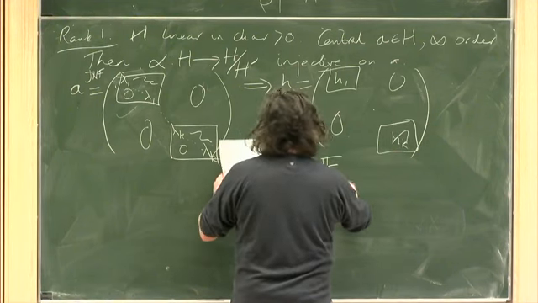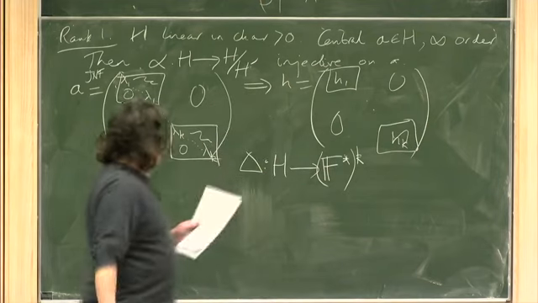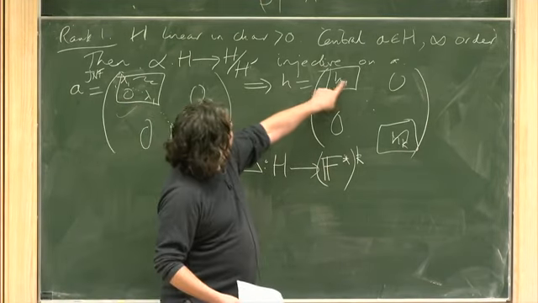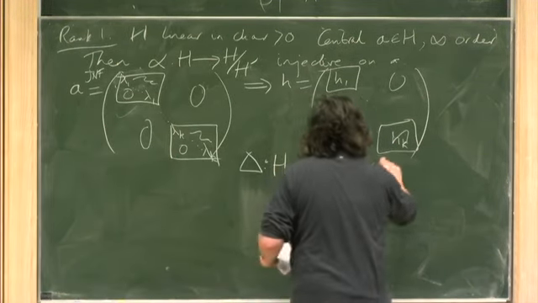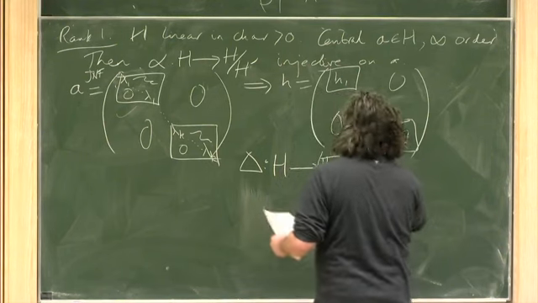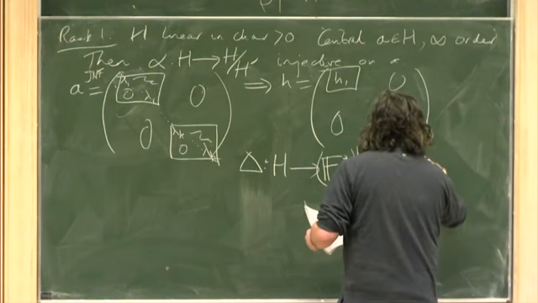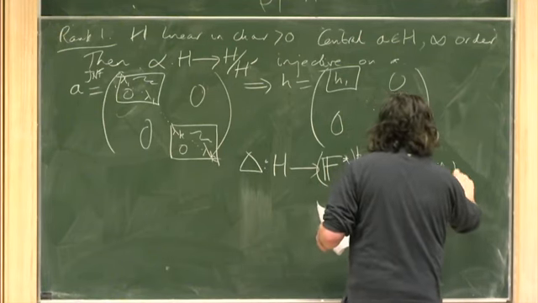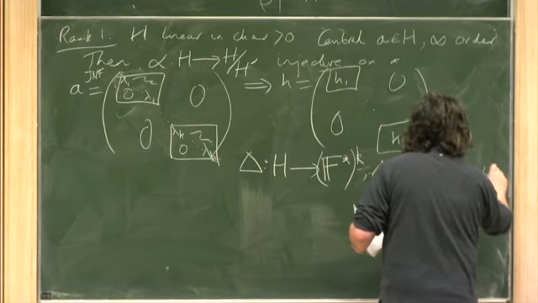So this is a well-defined homomorphism. You're just taking the det of that, the det of that, and so on. So maybe let's write that. Where delta of h is det of h1 and so on, det of the kth block.